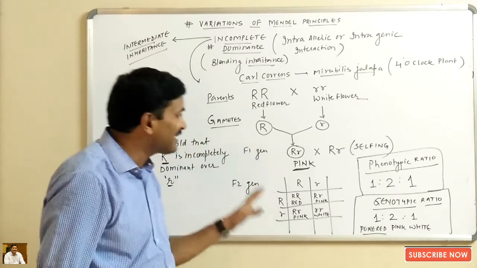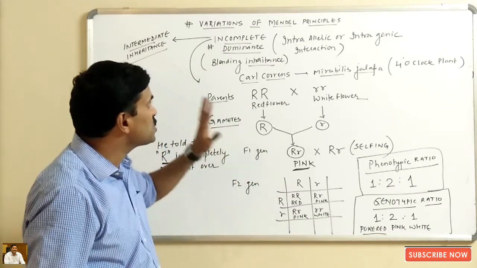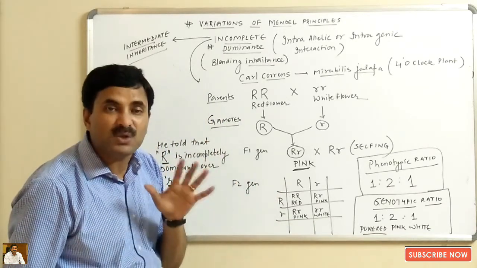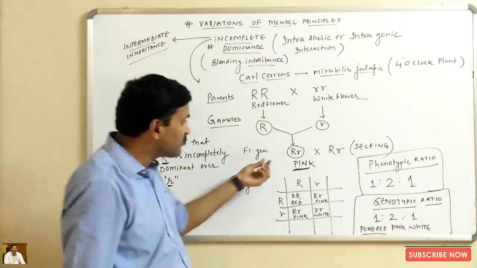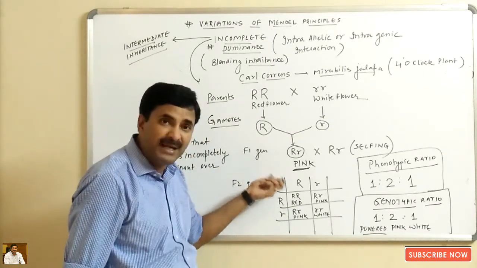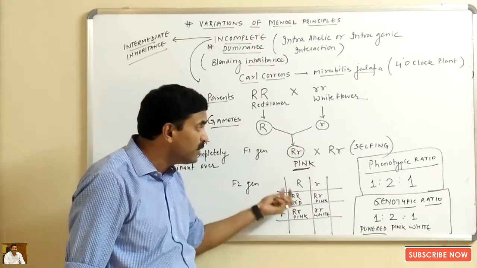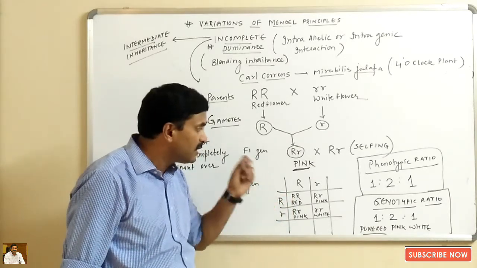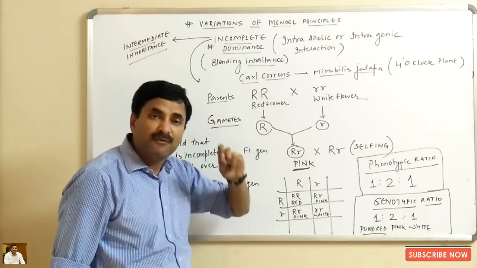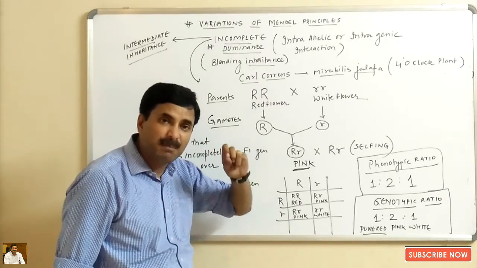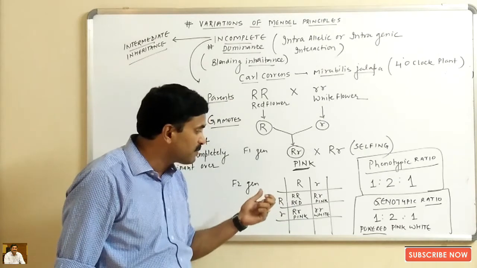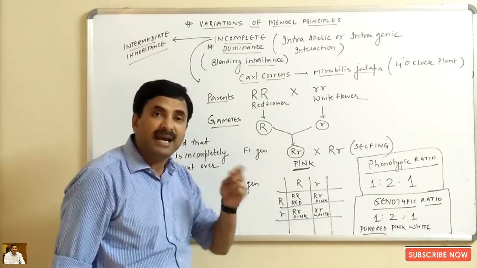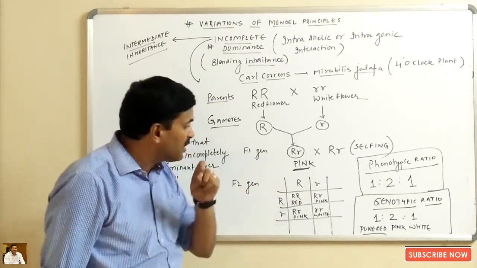It is clearly indicating that it is not a pure blending. If it was a pure blending, then we must have got only the pink color in the F2 generation, but instead of getting entirely pink, 50% of the progenies have the pink color, 25% have the red color, and the rest 25% have the white color.